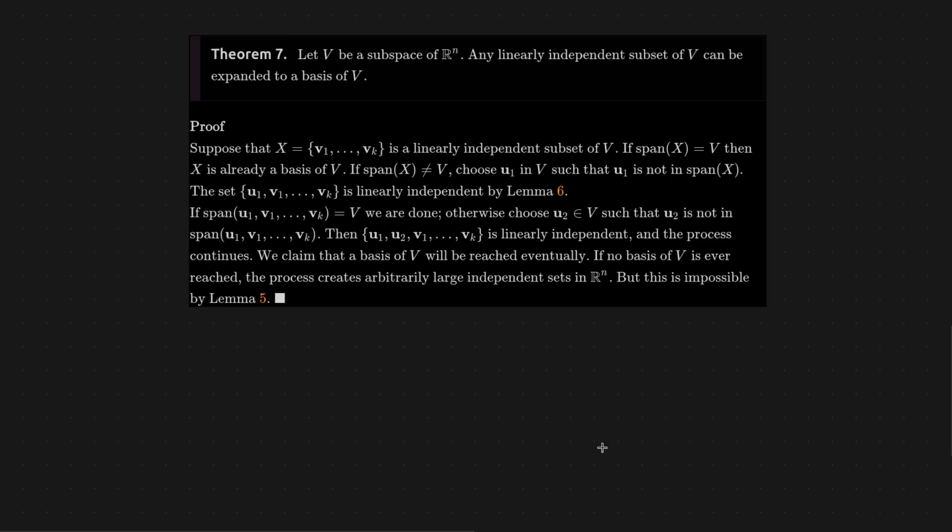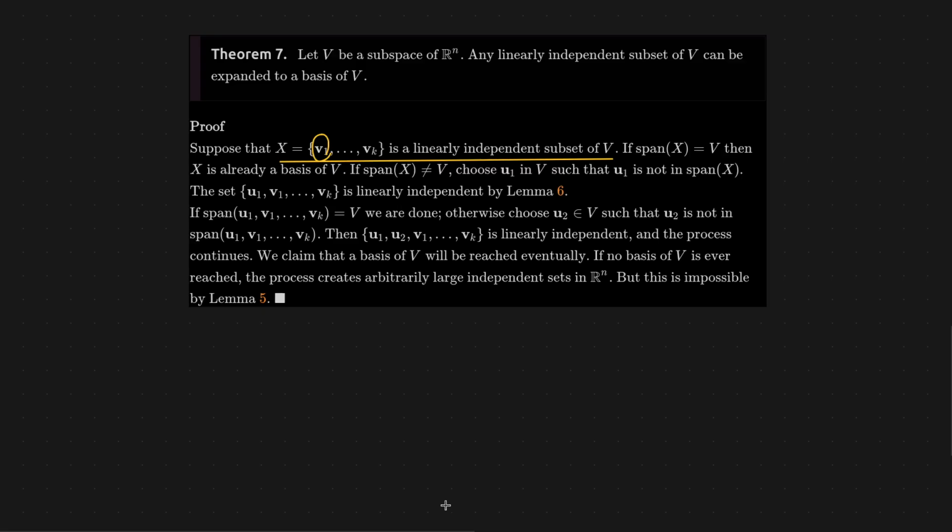It exists always. So what we do is we start with a linearly independent subset of the subspace V. We know we can find it because V is non-empty. One of the conditions of being a subspace is that it's not empty. So V has at least one vector in it. So at the very least, you could just pick one vector for this set.